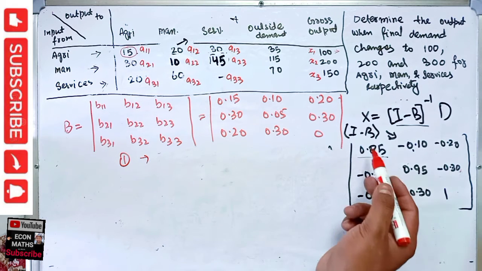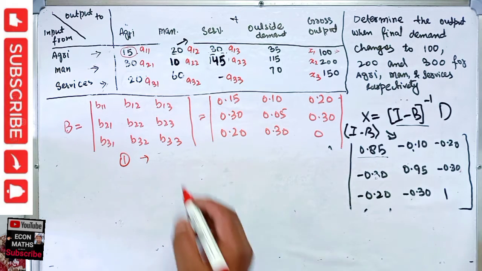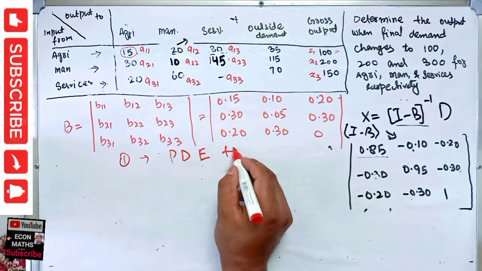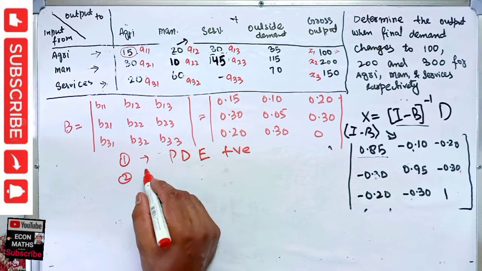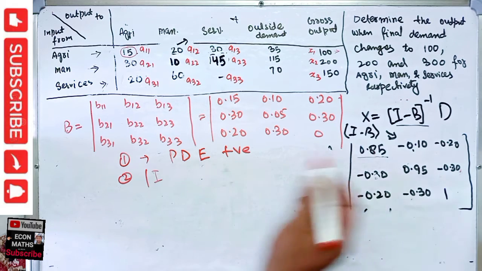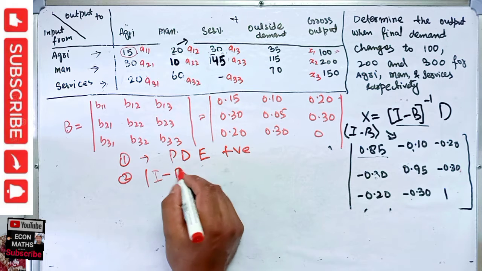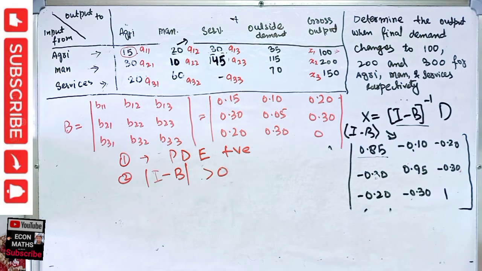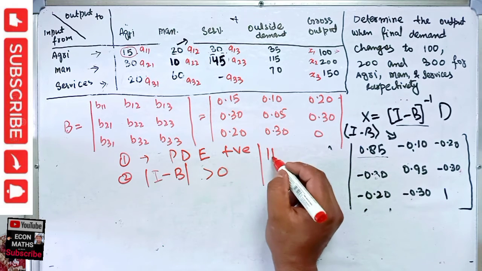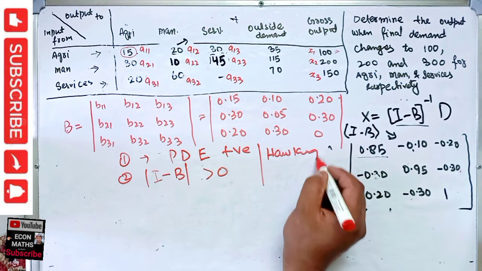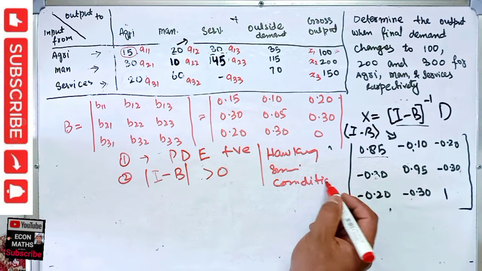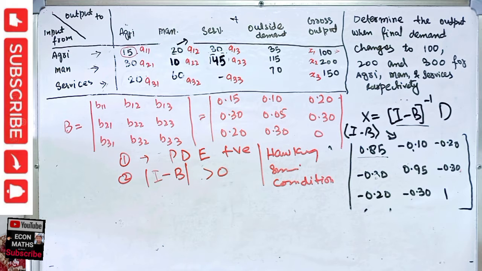First one was that the principal diagonals elements should be positive, and second one was the determinant of this very Leontief input output coefficient matrix should be greater than 0, or it should be also positive. These are called the Hawkins-Simon conditions. Okay, these are the two conditions which must be satisfied so that we get a feasible solution.